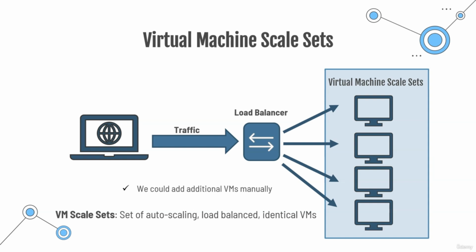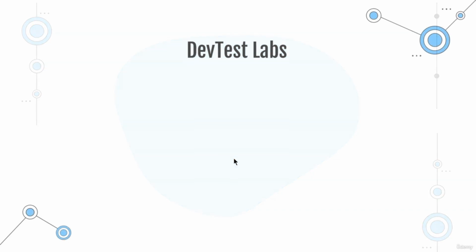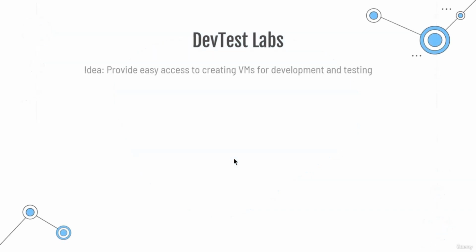Let's talk about the so-called DevTest Labs. The idea of these DevTest Labs is to enable developers to easily create their own virtual machines for development and testing without increasing the cost and making it too complicated for them.